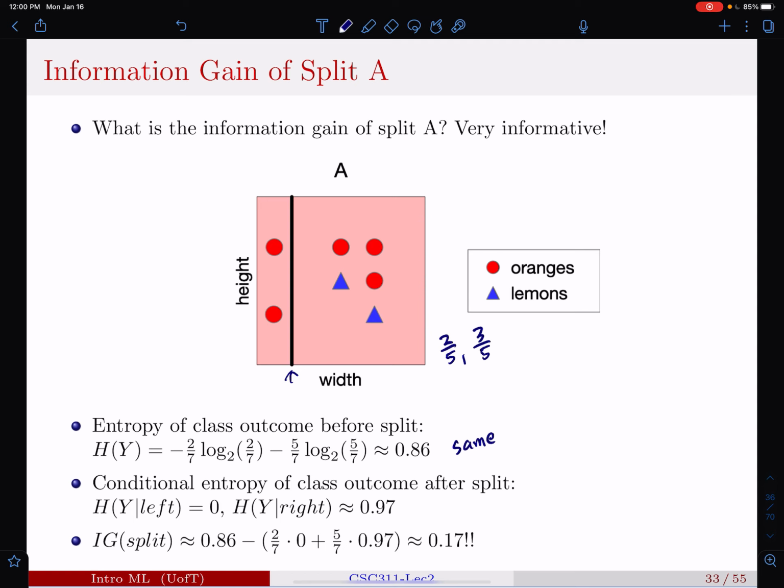You use the entropy formula on these two values. And if you evaluate the information gain in this case, it's a lot bigger. It's going to give us 0.17 bits of information. So if you're just making one split on this tree, it's a lot more effective to choose split A.